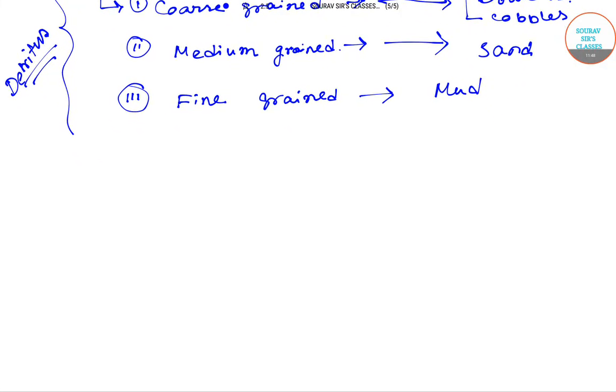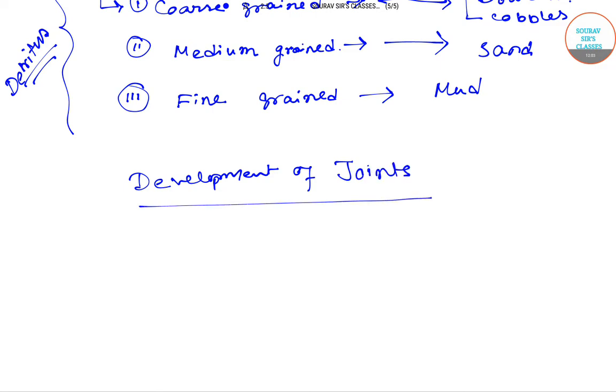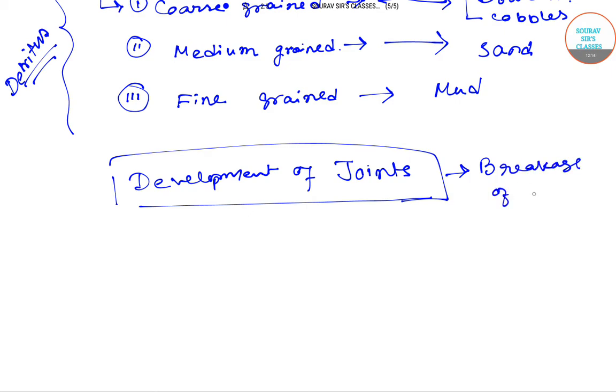There are also some factors like development of joints. This joint development is something like when there is a breakage of rock, so that leads to developing a joint.